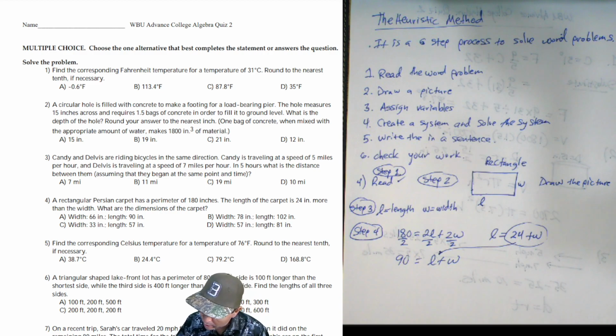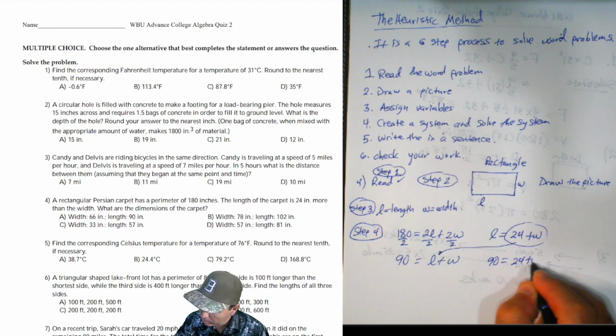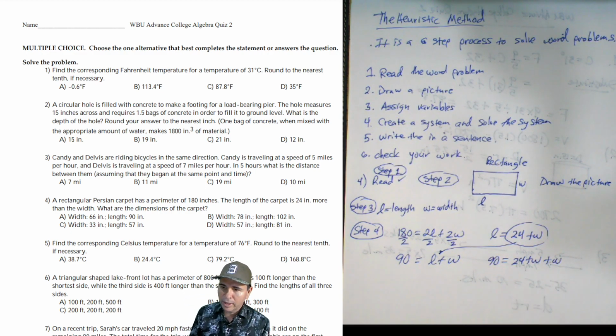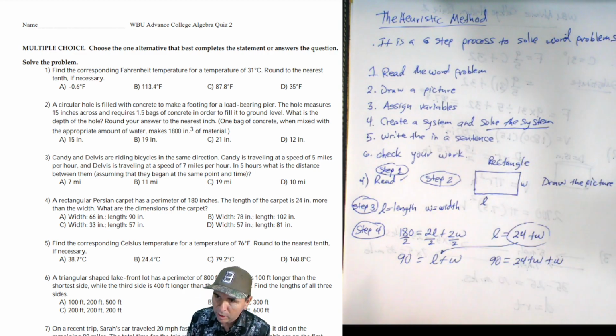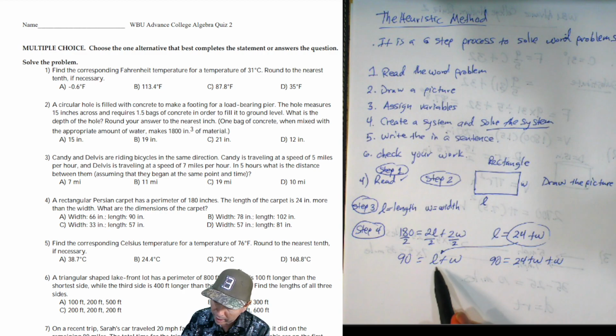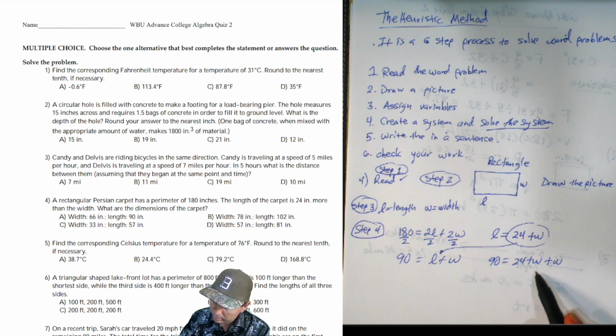Once you have it to one letter, watch this. 90 equals 24 plus W plus W. Notice now we only have one letter. Once you have it in one letter, then you can solve the system. You can only solve the system once it's in one letter. When it was in two letters, you can't. But you use two of them to combine them to get it to one letter.